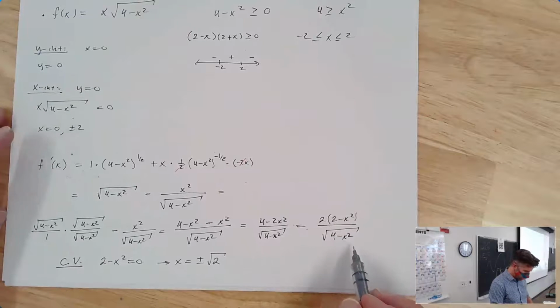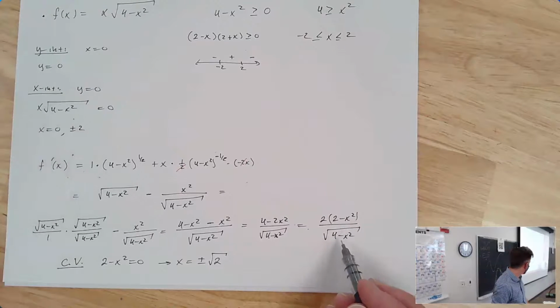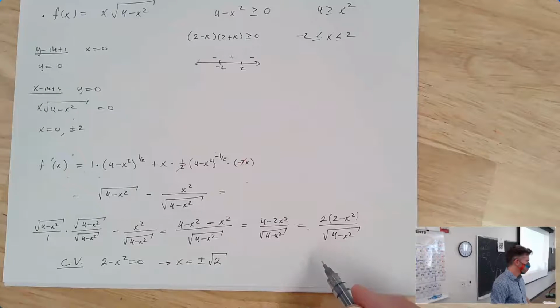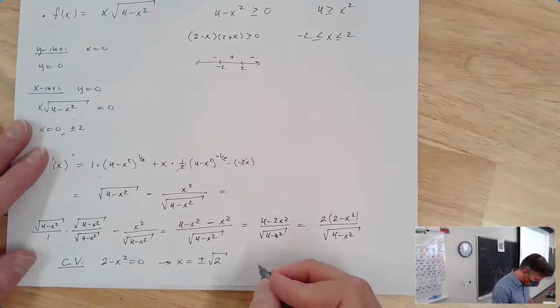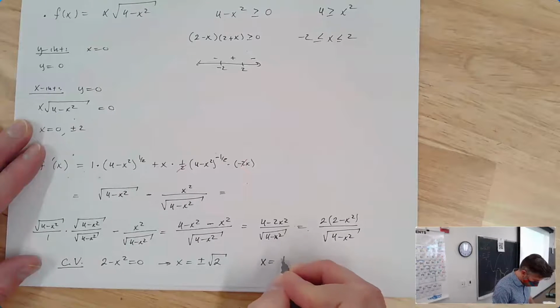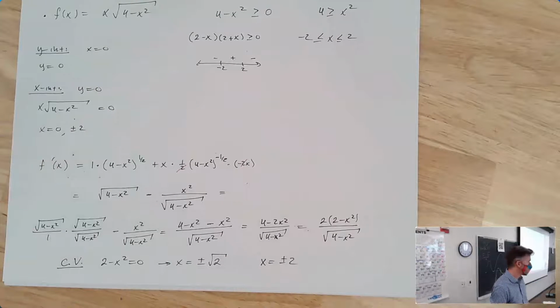And then where the denominator is 0, are those also critical values? I mean, there's no reason they shouldn't be, because they're real critical values, right? They're not those pseudo ones I've talked about where they're not in the domain of the original function. These are totally in the domain of the original function. So I would say x equal to plus or minus 2 as well.